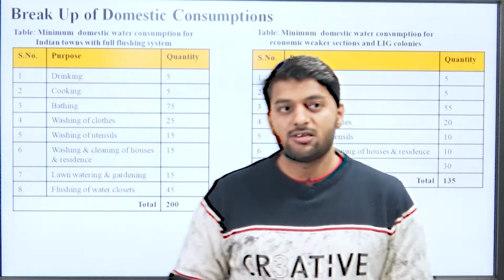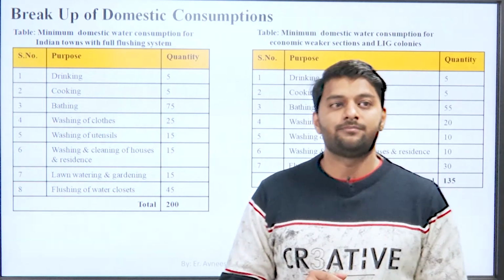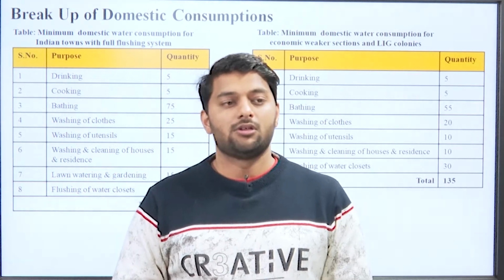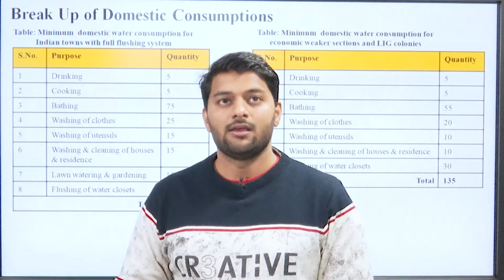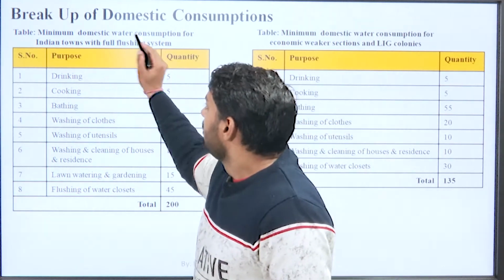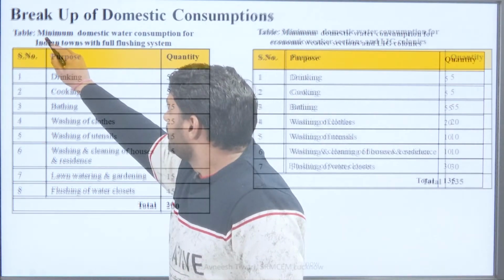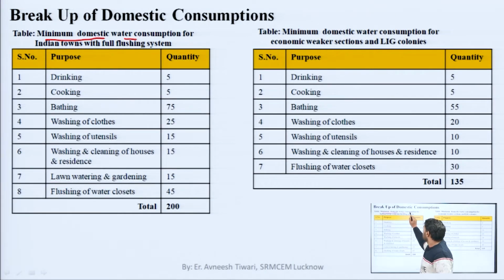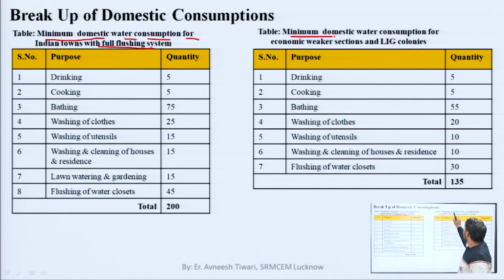So here is a tabular representation which shows the distribution of water consumption at a domestic level. Basically this is the minimum domestic water consumption for Indian towns with a full flushing system, and this is the minimum domestic water consumption for economically weaker sections and LIG colonies.